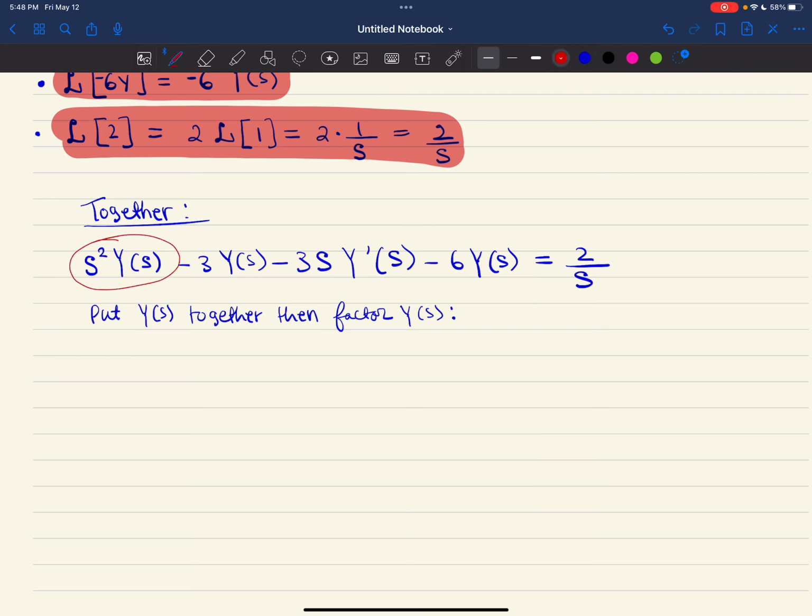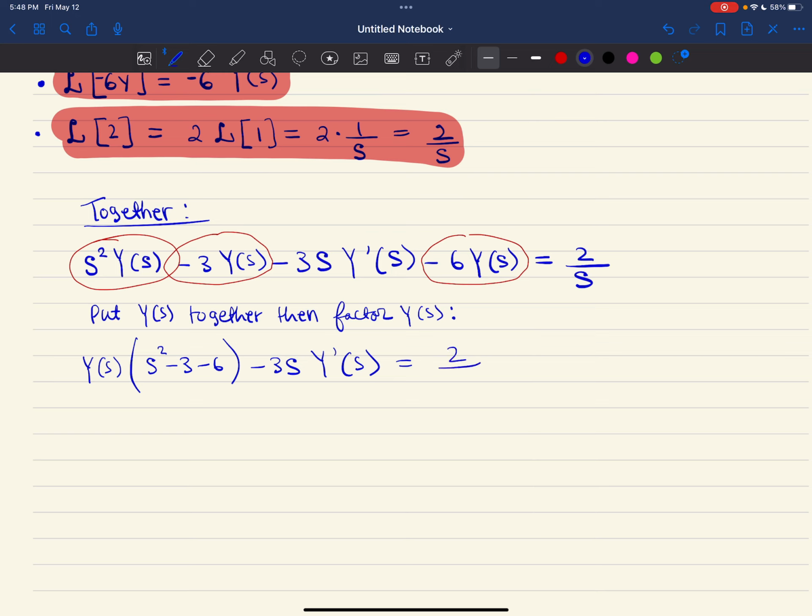This one has big Y of s, big Y of s, and big Y of s, so we're going to factor out the big Y of s. We have s squared minus 3 minus 6, and then minus 3s big Y prime of s equals 2 over s.